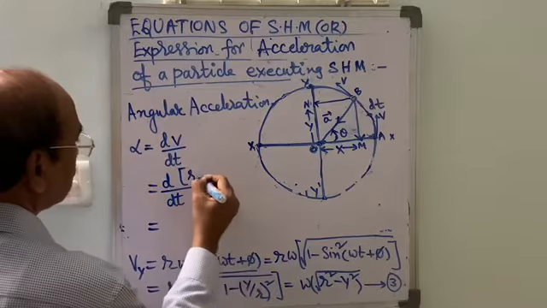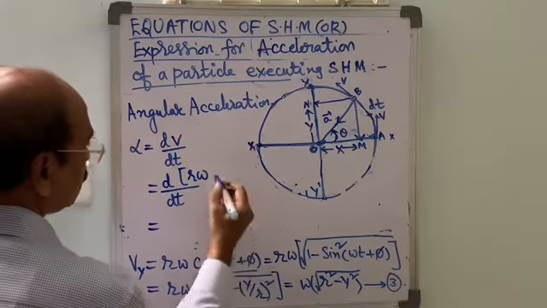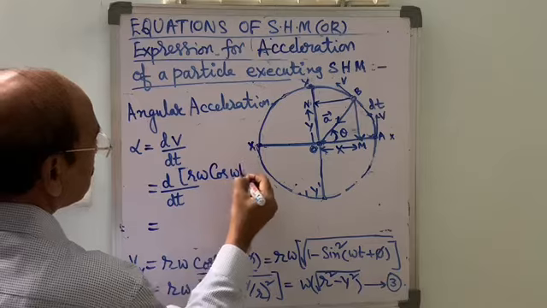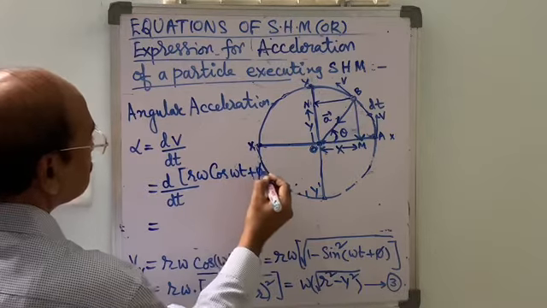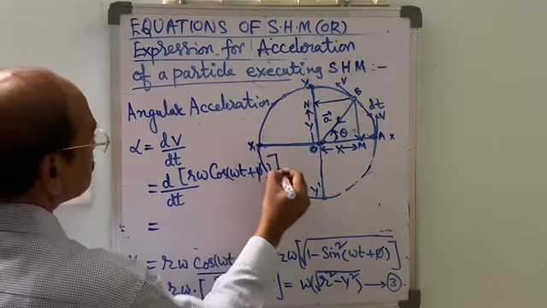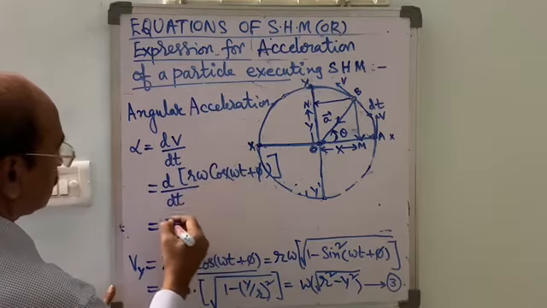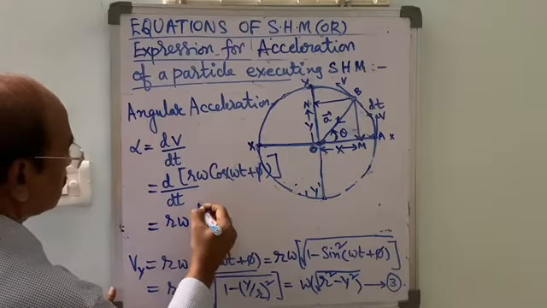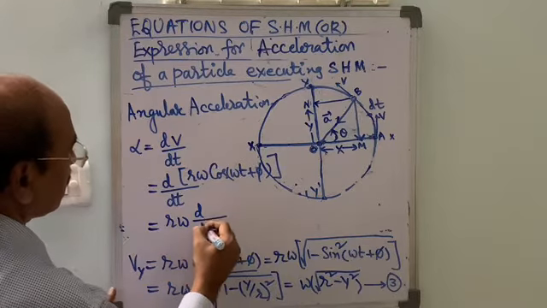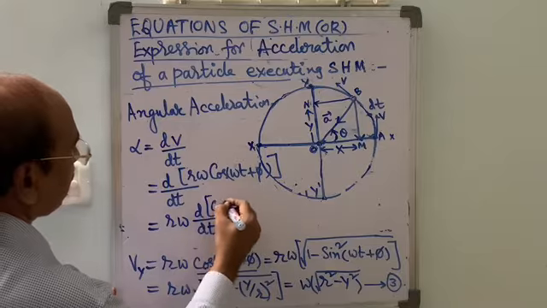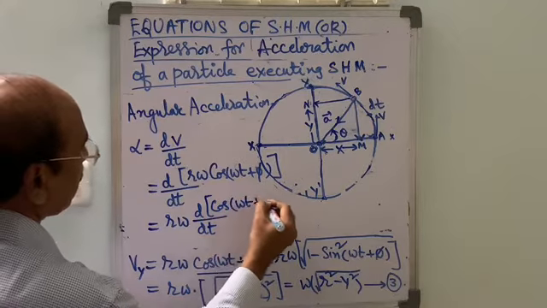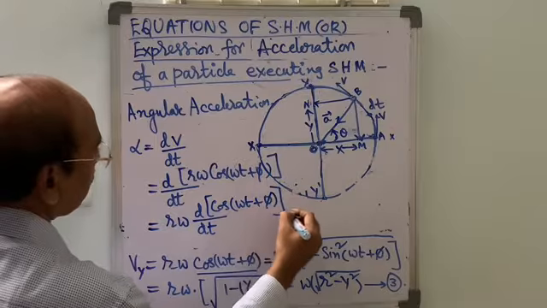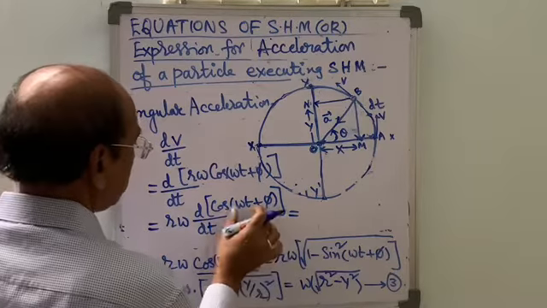R omega cos omega t plus phi. So d by dt of cos is equal to minus sin. R omega, as these are constants, d by dt of that equal to minus sin.